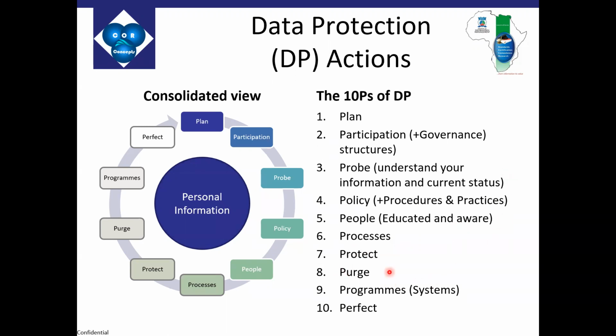We need to have a disposal program. We need to have a retention schedule. And we need to make sure that we have systematic disposal once records are no longer needed. And then we have to have the systems in place, a robust, properly controlled enterprise content management system or electronic document and records management system.